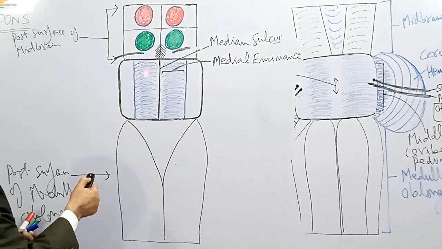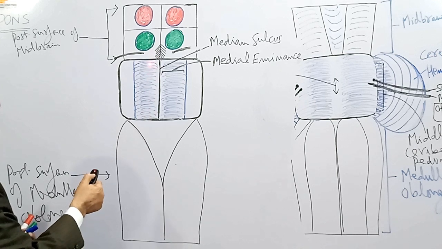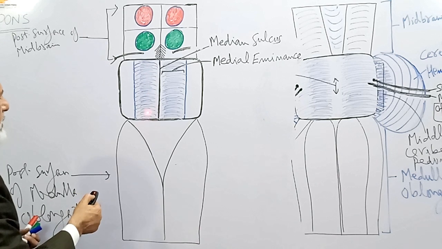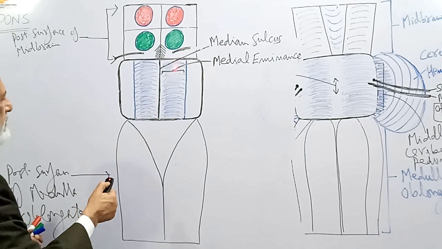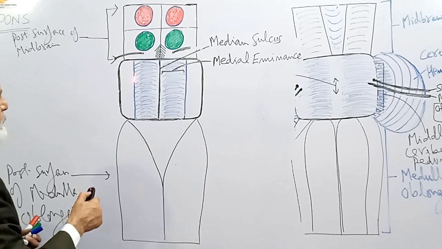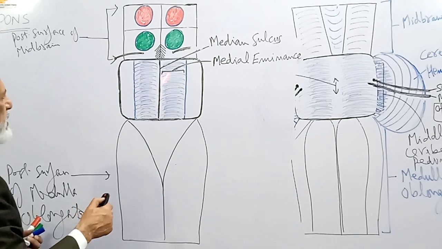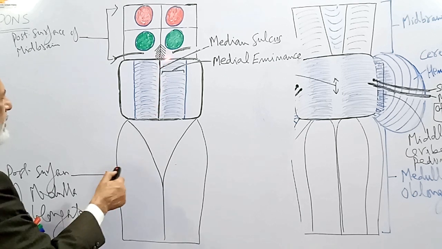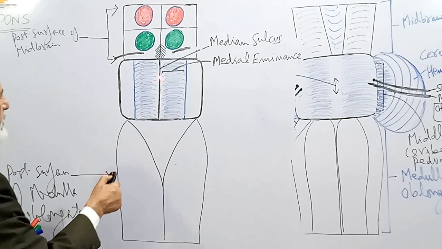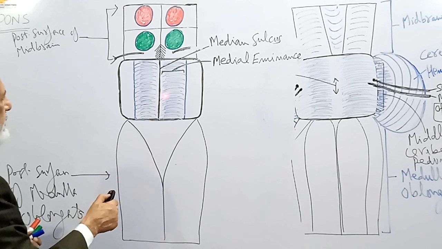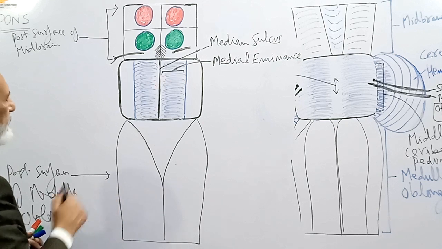This vertical ridge on the right side is called medial eminence, and this on the left side is medial eminence. So between two medial eminences there is median sulcus. So median sulcus is present in between the right and left medial eminences.